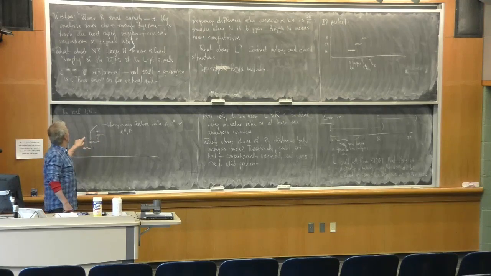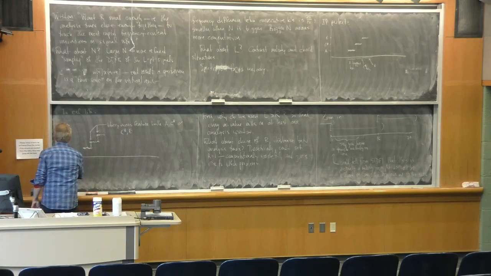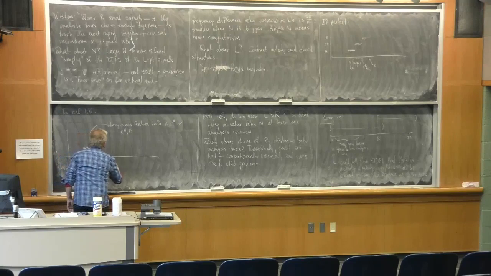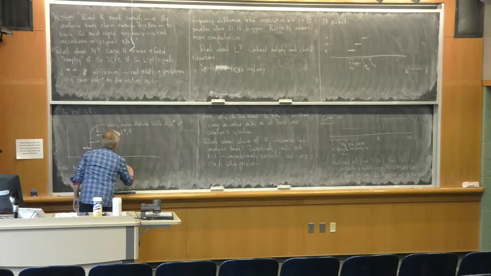Why is this? This results from having L be too long. So this artifact, if you will, this feature or bug, results from, quote unquote, L too long, so to speak.